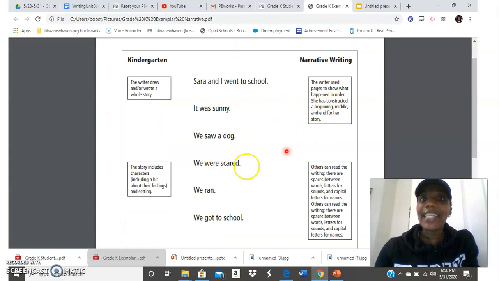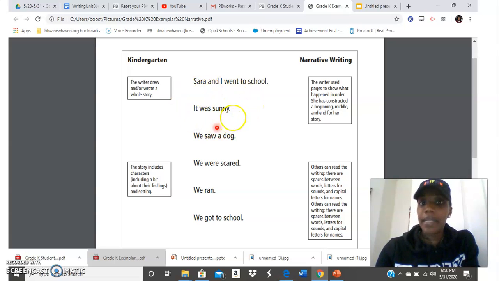Okay, so here is an example of a writing that I got off of PB Works, okay? It says, "Sarah and I went to school." Well, Sarah and I are the characters of this story, and going to the school is actually a place, right? That's where they were going. "It was sunny."